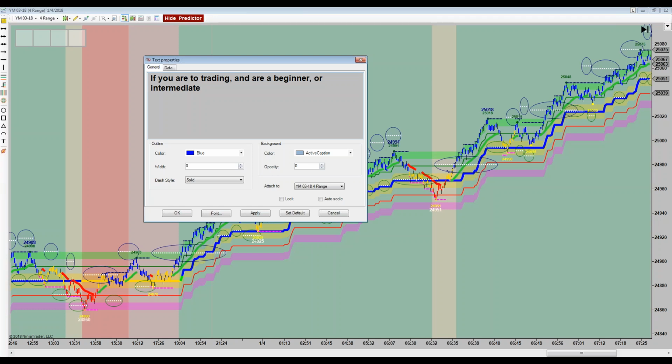So maybe you're an intermediate trader. That's okay too. You should only trade the following instruments. Ready? YM and RTY. That's it.